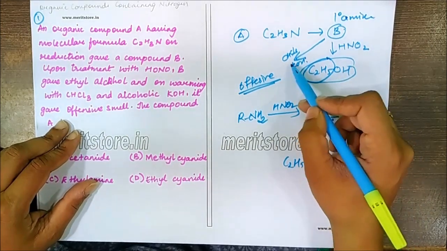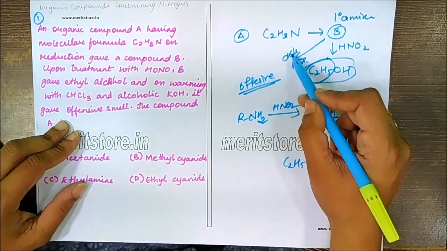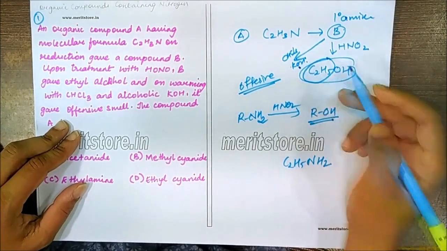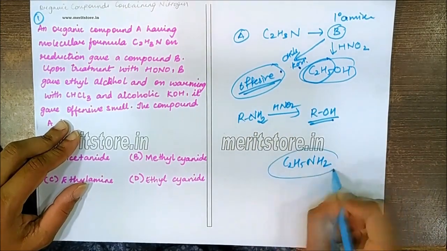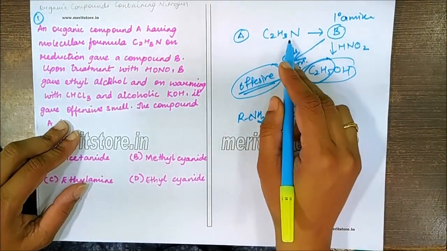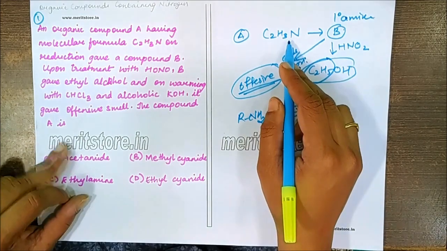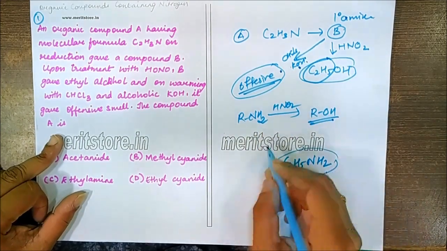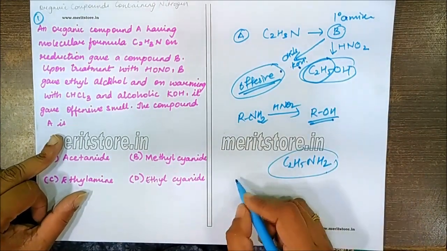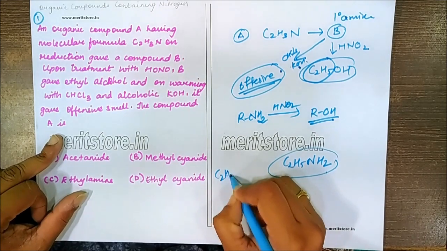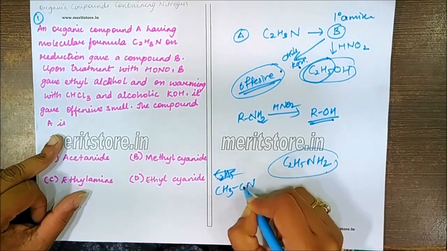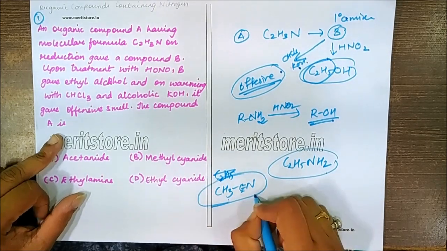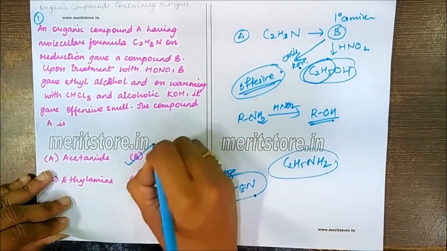Similarly, this is the carbylamine test where the chloroform on KOH treatment gives the formation of isocyanide, which is giving the offensive odor. So this compound is obtained from the reduction of the A. Therefore, this has to be conformly the cyanide. So it has to be C2H, there are two carbons. So there will be CH3CN, triple bond N. So this is cyanide, hence our option is B.